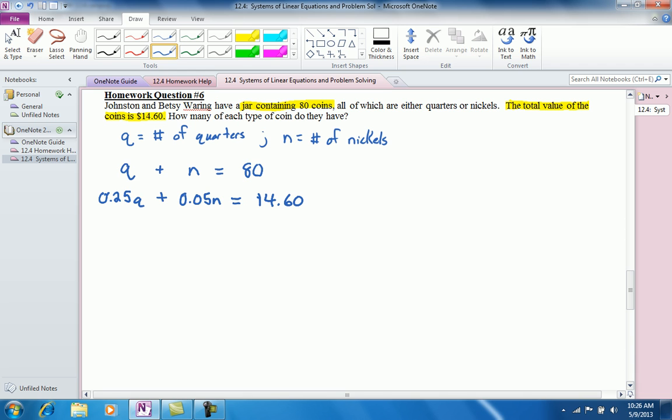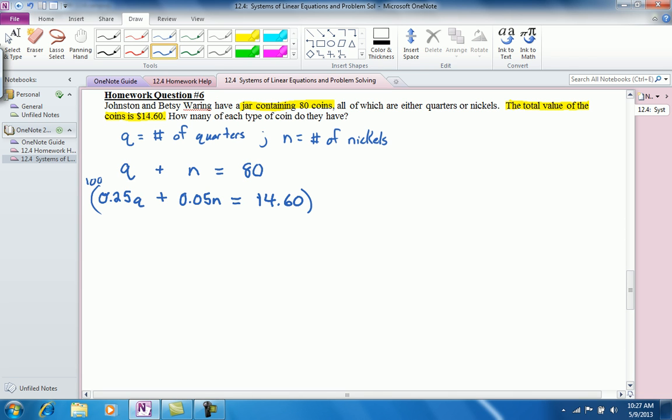Now I'm going to move on and solve this system of equations. The first thing that might be helpful is to multiply the bottom equation by 100 so that you don't have to deal with the decimals.